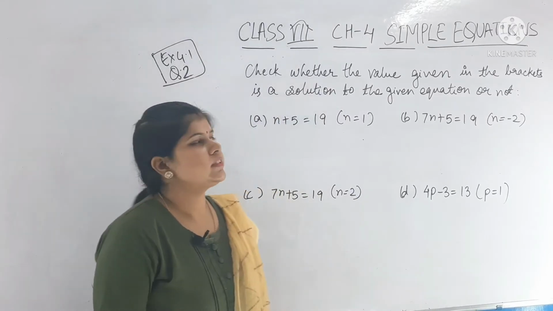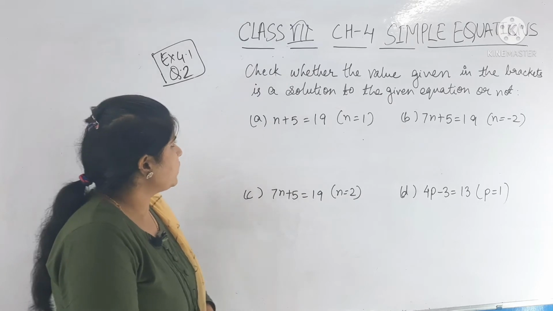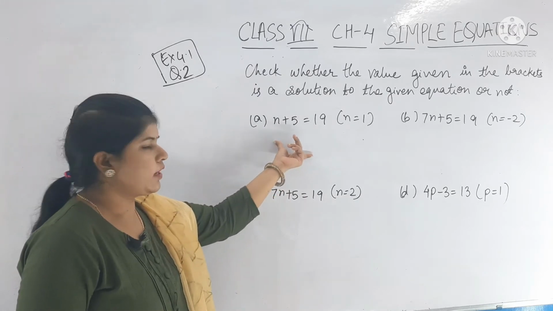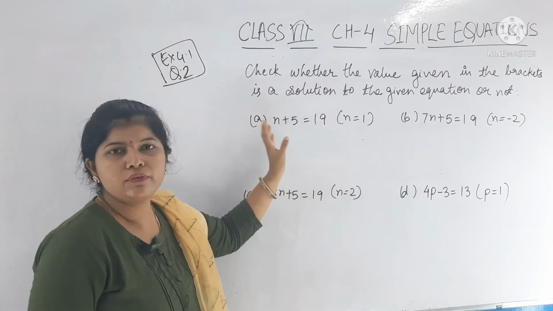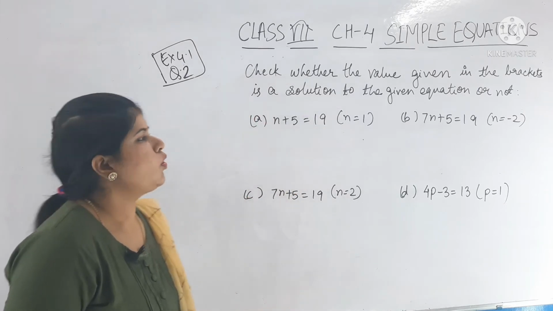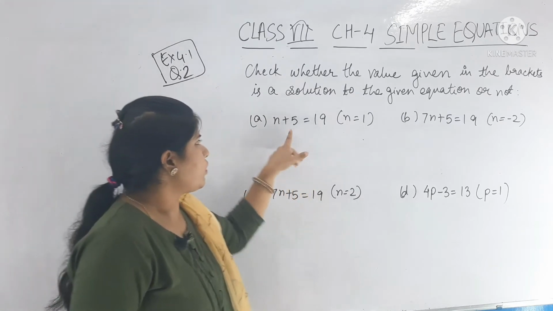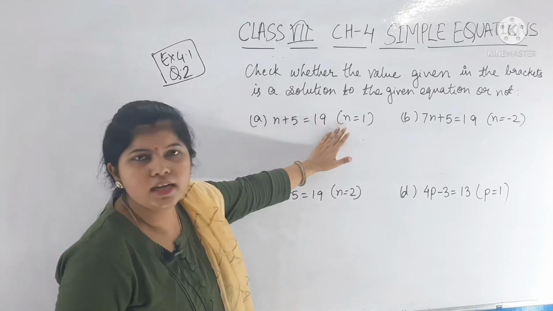The next question is question number 2. Here we have to check whether the value given in the brackets is a solution to the given equation or not. So this is the equation, and the value in the bracket, is it the solution of this equation or not, we have to check it. Here it is given n plus 5 equal to 19. This is the LHS part, left of the equal to, and this is the right hand side.